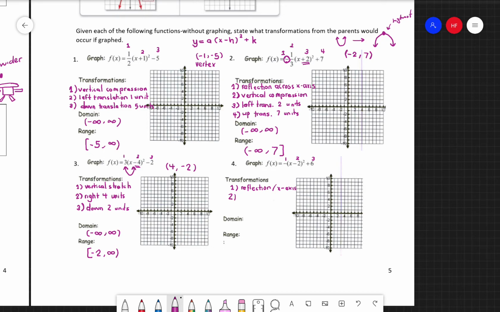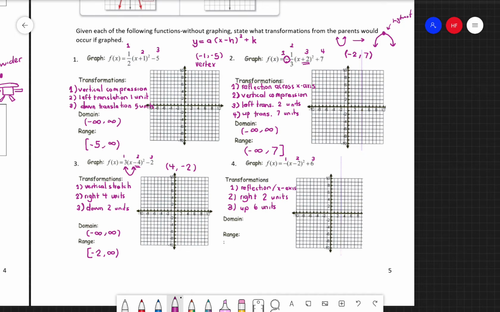Second change we have is that -2. Remember, on the inside we do the opposite. So -2 will be to the right 2. And then the third change is +6. On the outside we do it as is. So +6 would be up 6 units.